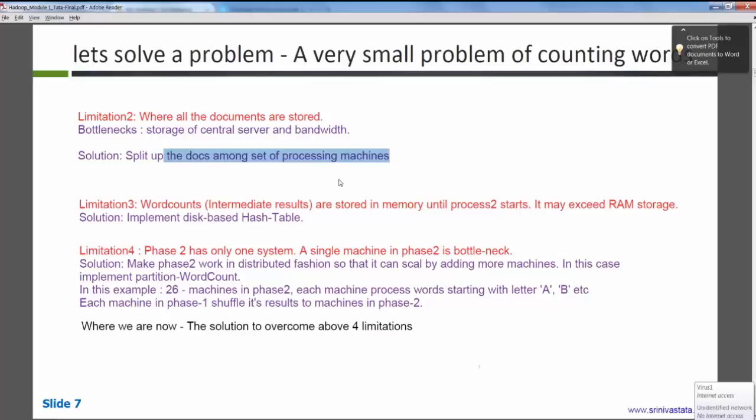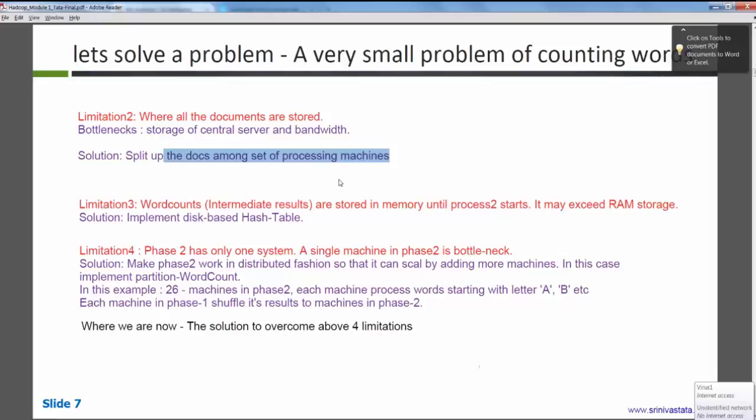The central server will not store and will not distribute the data. The data will be on the 10 machines, and whenever you say process and give me, they will process on their systems and they will give you the data. You will not transfer 10 documents to machine 1, machine 2, like that.